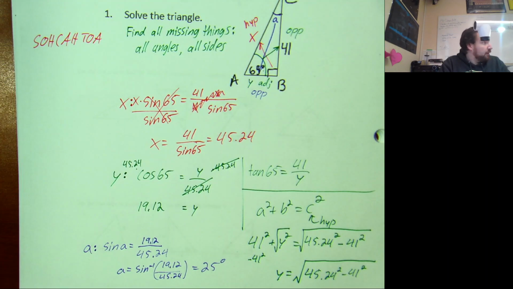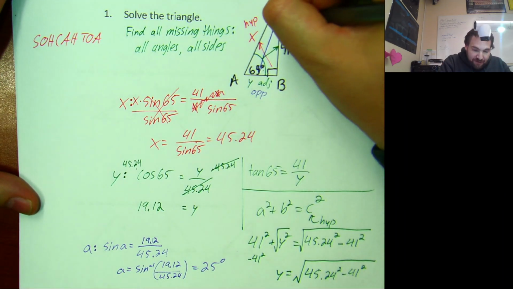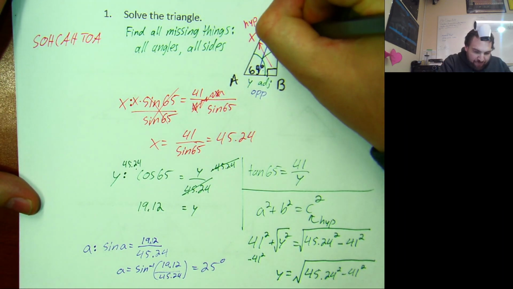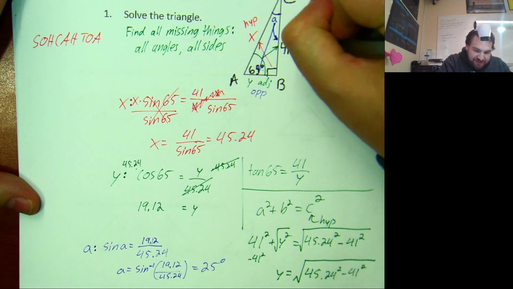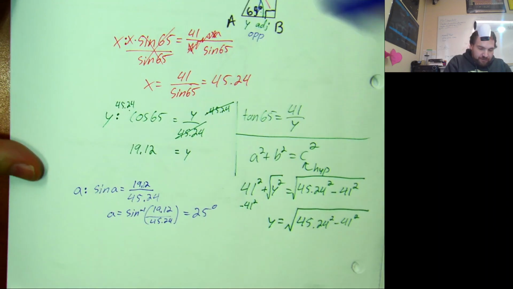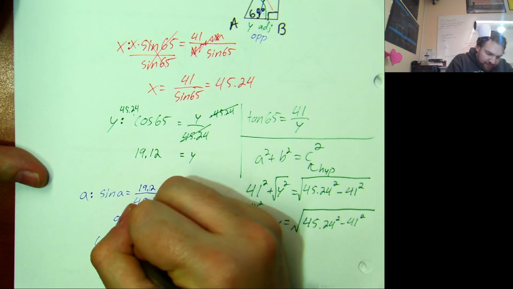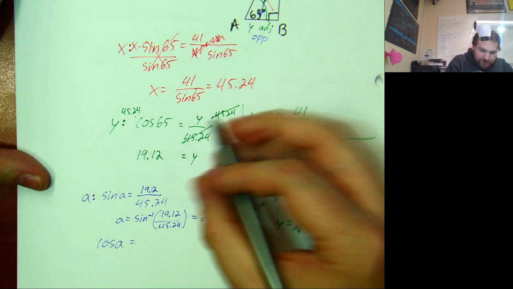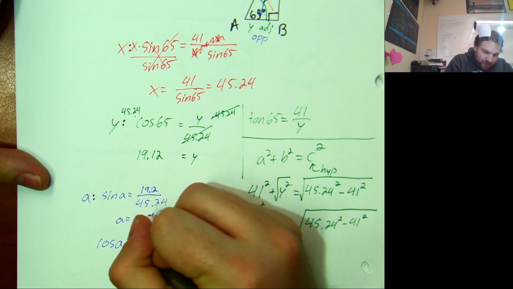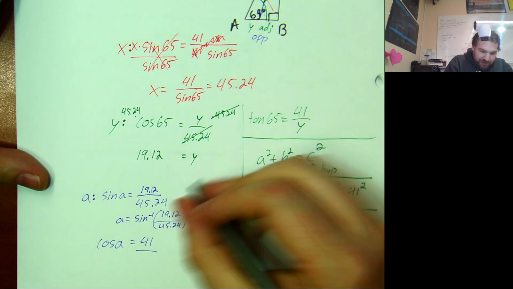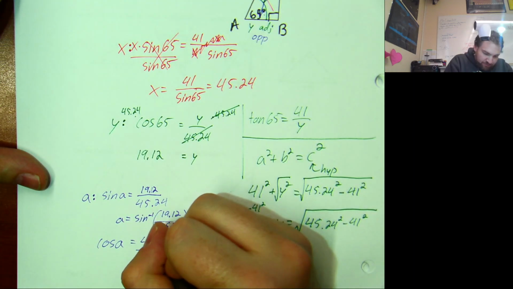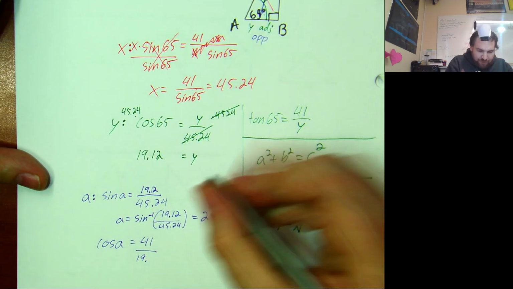I could use cosine. Okay, so what sides am I going to use if I'm going to use cosine? 41 over 45. Yeah. From angle A, the 41 is going to be my adjacent side. So cosine A is going to use adjacent, which is 41, over the hypotenuse, which is 45.24.